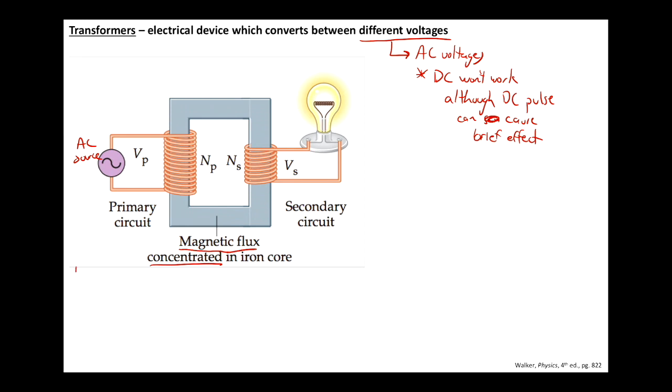So let's start on this side. And we're going to focus on what we might call the input side of this, the input or the primary. And we're just going to apply Faraday's law, essentially. Okay, so we could say, first of all, that the primary voltage, and let's just focus on the magnitudes because that negative sign is just Lenz's law, is going to be the number of loops in the primary circuit times the rate of change of magnetic flux.